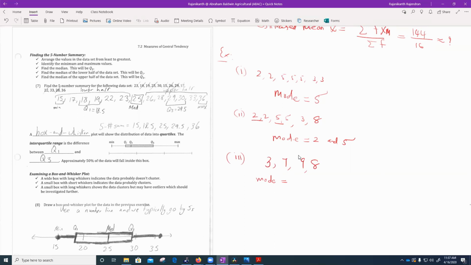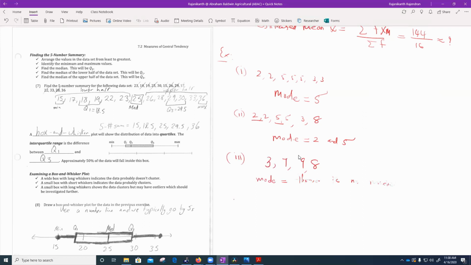The definition says there should be at least one number that appears more times than the other data values. But here all have the same frequency. Therefore, if all values have the same frequency in your data set, there's no mode.